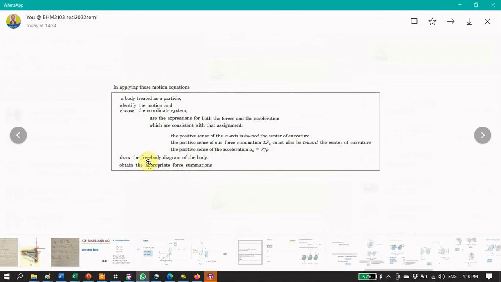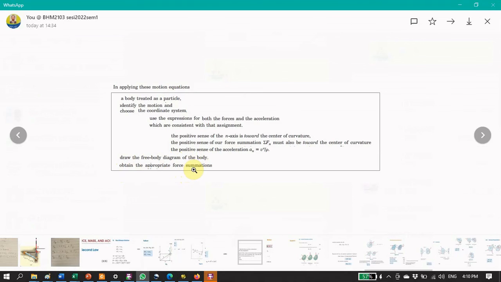Then we need to draw the free body diagram of the body. After that, we write the equation of motion.